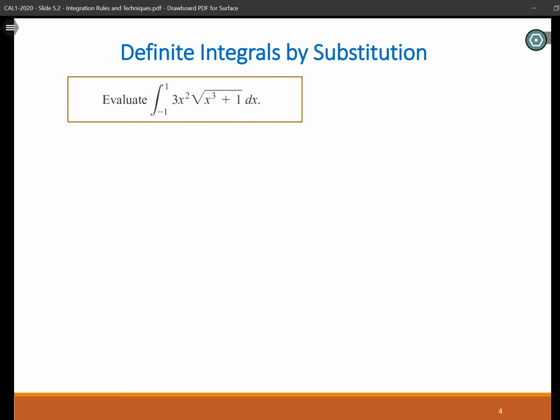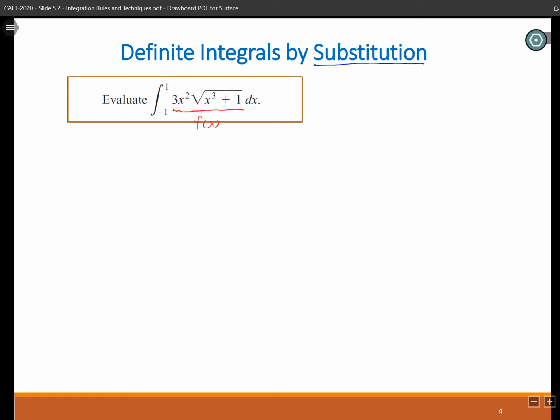The point of substitution is that sometimes we have to integrate a certain function that is just too complicated to perform integration directly. Let's take a look here. This is f(x).